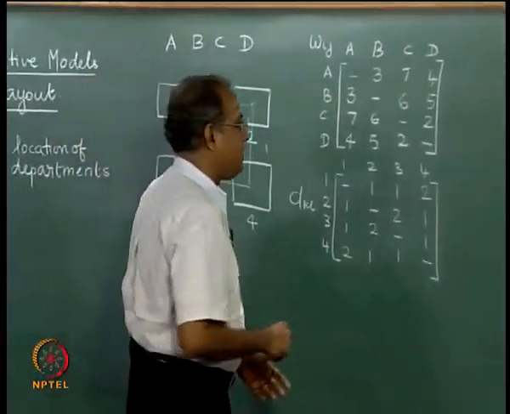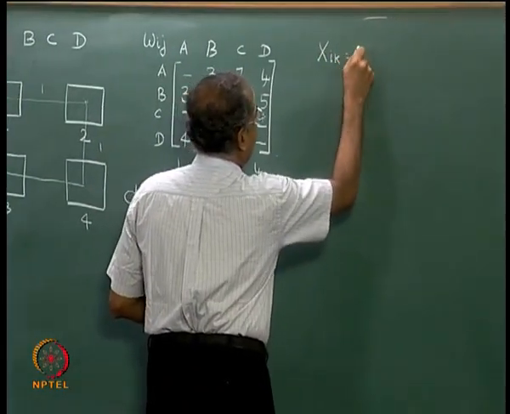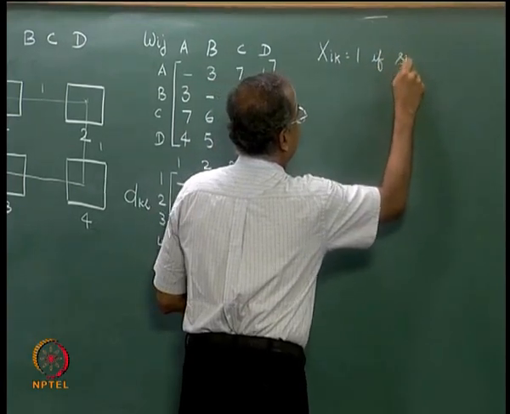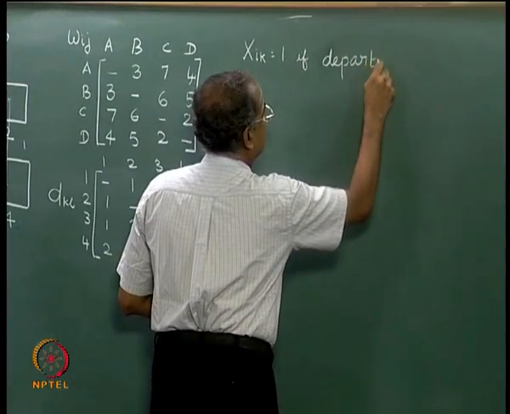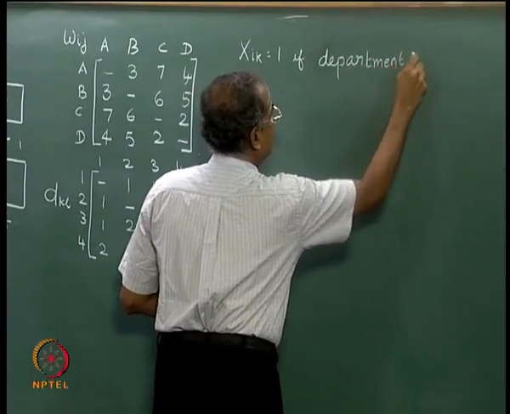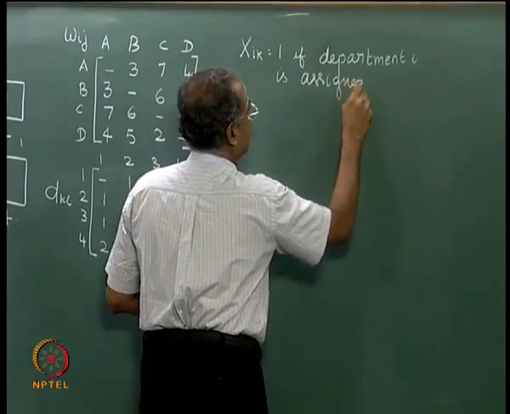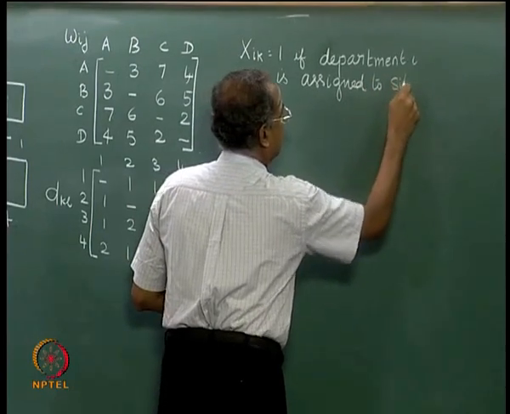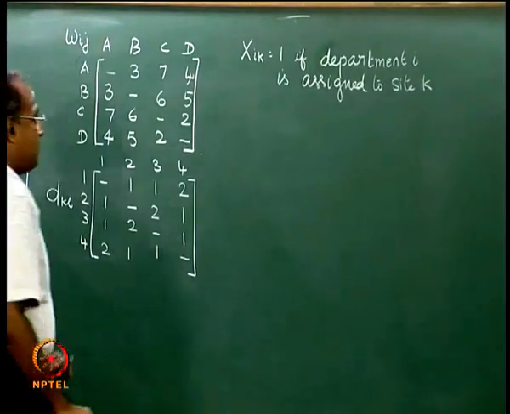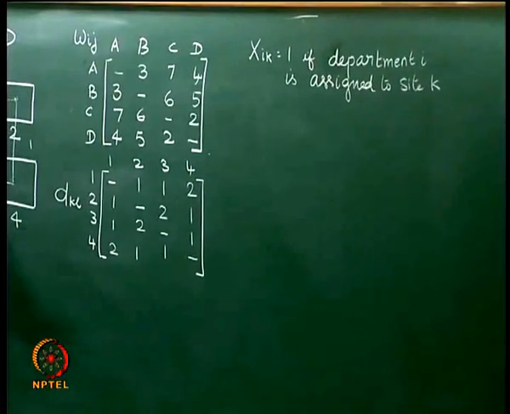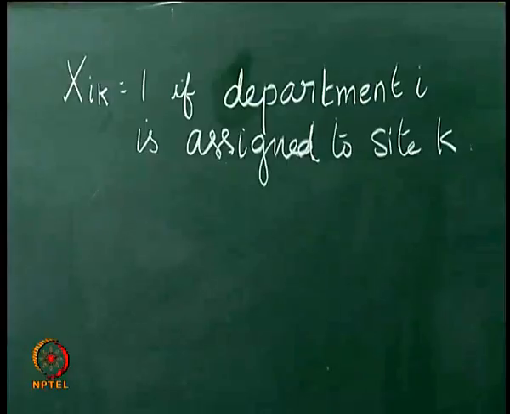A mathematical formulation of this problem will be like this: let xik equal 1 if department i is assigned to site k. Each department has to be assigned to only one site. We assume an equal number of departments and sites.